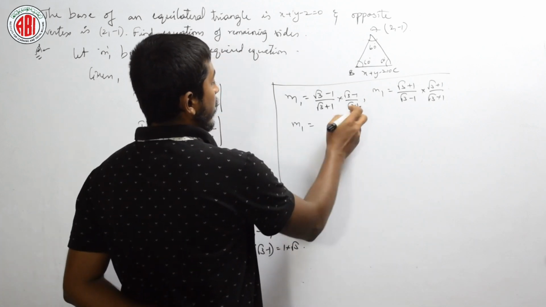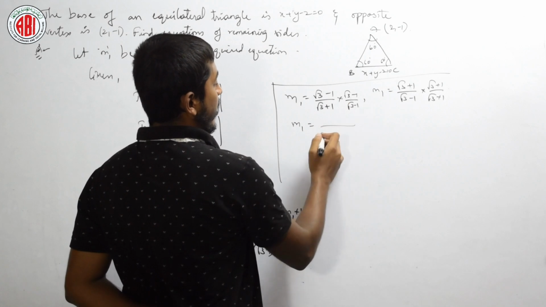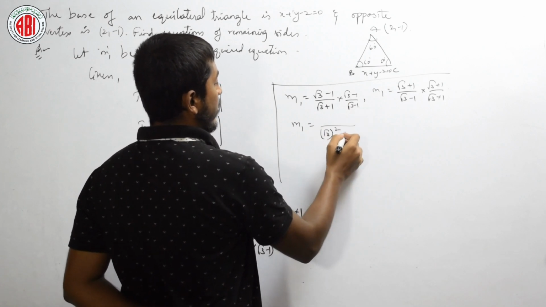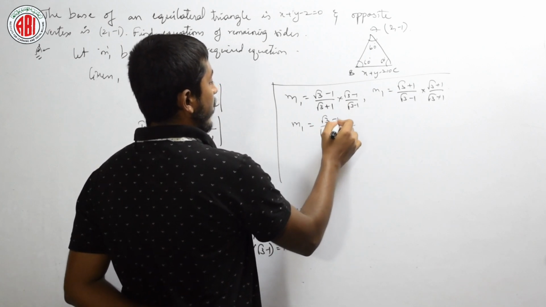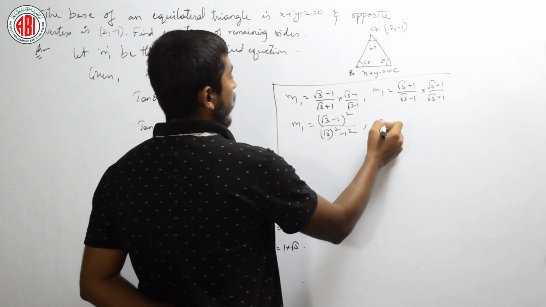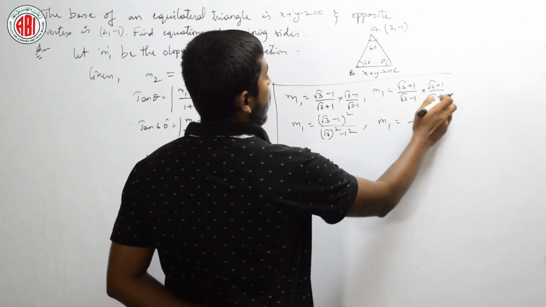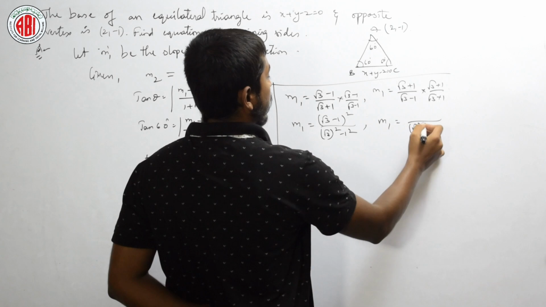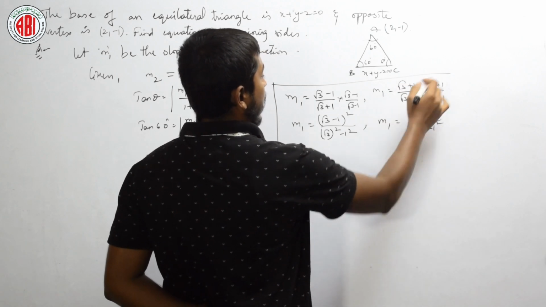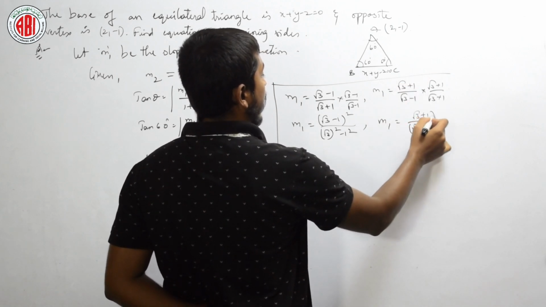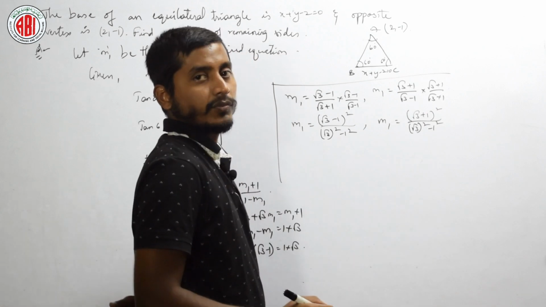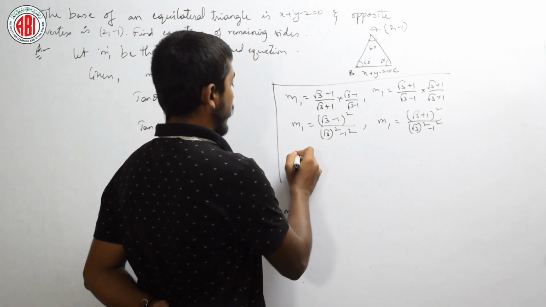m1 is, see here, it is a plus b into a minus b, a square minus b square. Numerator is a minus b whole square. Here a minus b into a plus b, that is root 3 whole square minus 1 square. Let us multiply, here it is a plus b whole square. Okay. Let us simplify more.